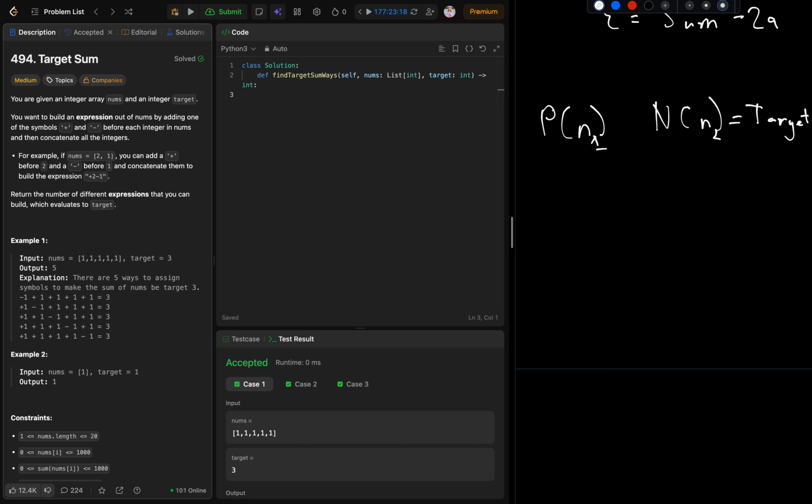This should be minus. N is not inherently negative. N just means these are the numbers we pick to be negative, and we sum them up and subtract it from our positive ones. But if we don't make the sum of our N negative, this would just equal the total.